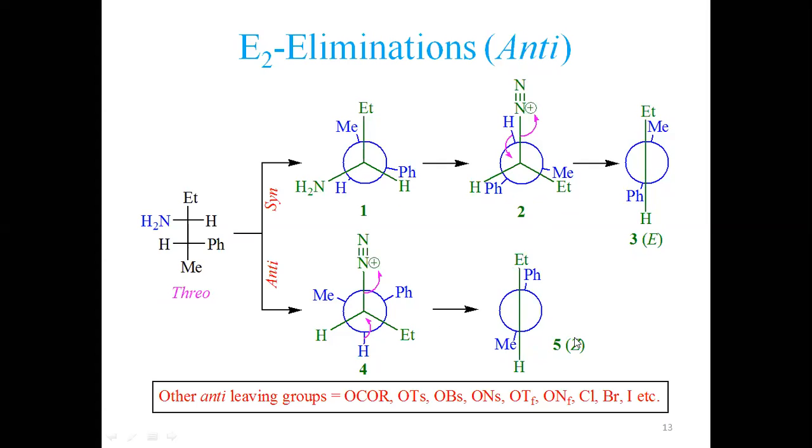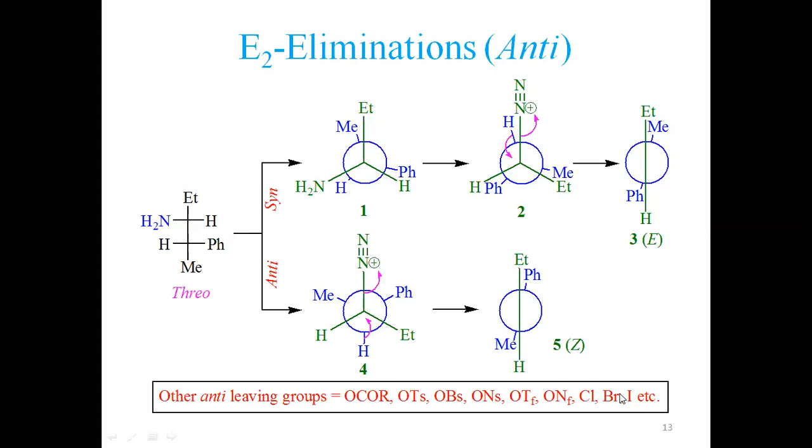We are not saying only Z is forming when we are using threo, or E is forming only when we are using erythro. We are saying they are dominating over the other isomers, meaning the other is also formed. So what groups should we have here? Not only this, because I have presented diazonium as the best leaving group. What other groups can there be?